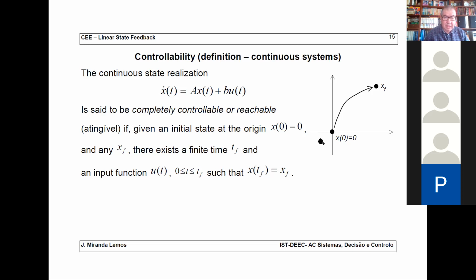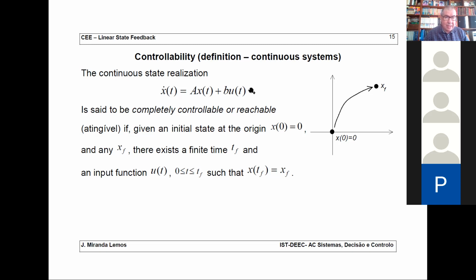If you start with the initial condition at the origin, look at this diagram, then there is a sequence, a control function that drives you to any point in state space in a finite time. So I have my state at 0, at the origin, and I specify a point at xf, and this point can be anywhere, could be here, there, and so on, could be anywhere.